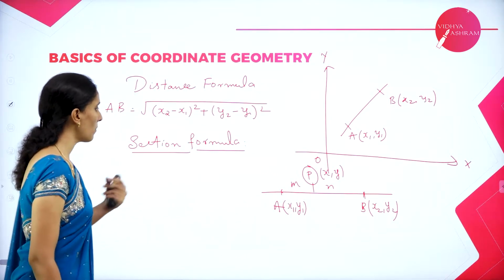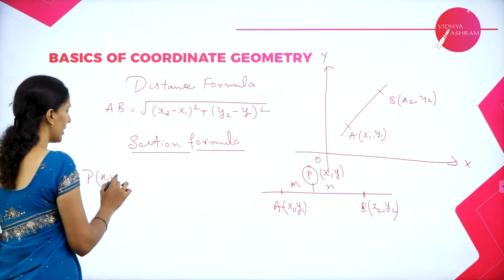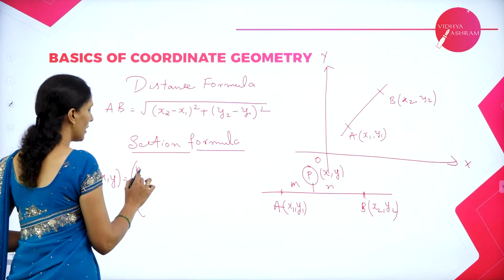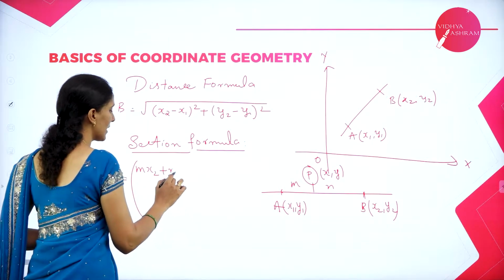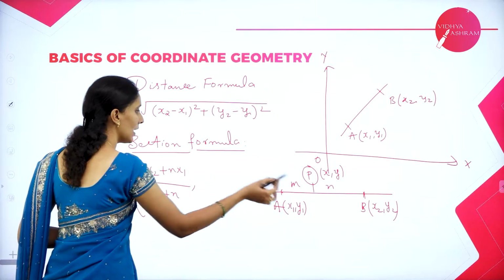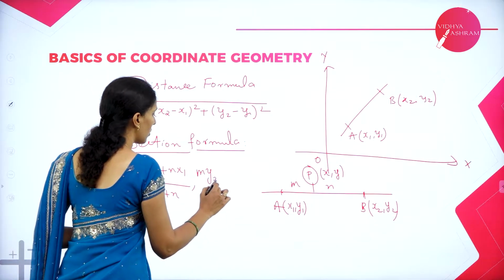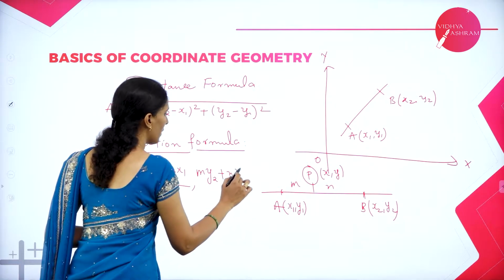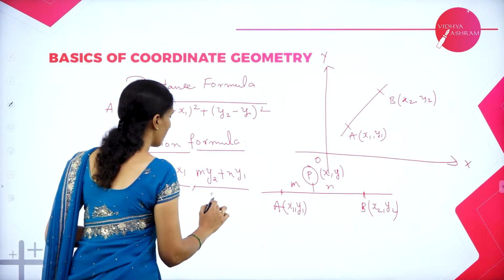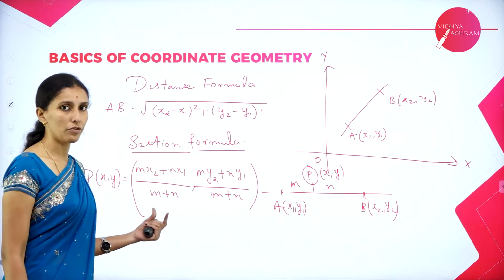How to find those coordinates? P of x, y is given by the formula x equals (mx2 plus nx1) divided by (m plus n). Similarly, for the coordinate of y, we have y equals (my2 plus ny1) divided by (m plus n). So this is called the section formula.